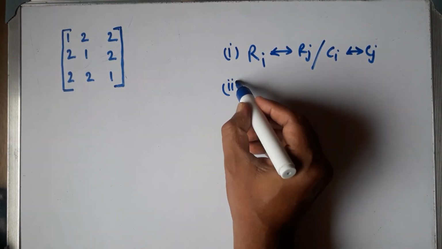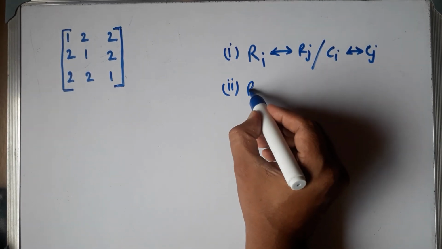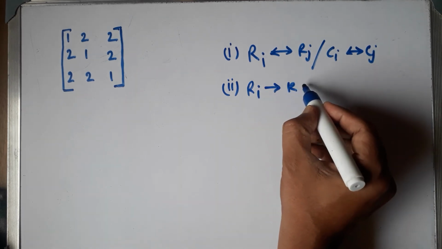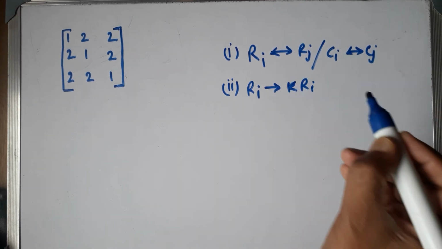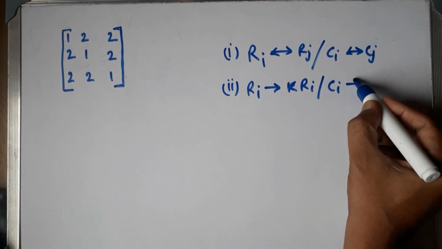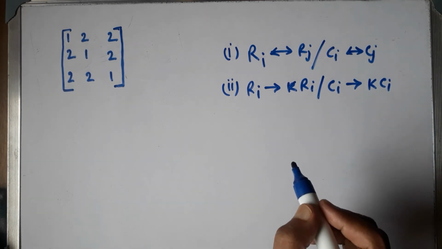Number two, we can multiply any row by some constant k, Ri goes to k into Ri, or Ci goes to k into Ci.